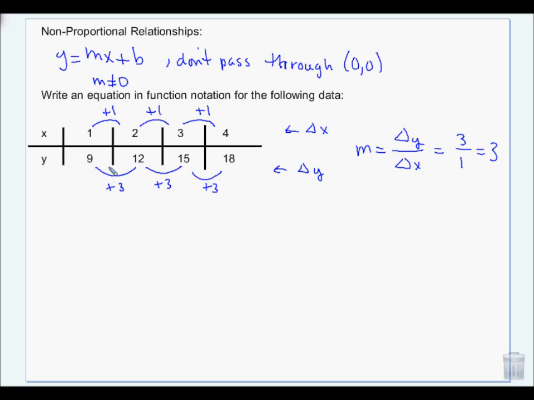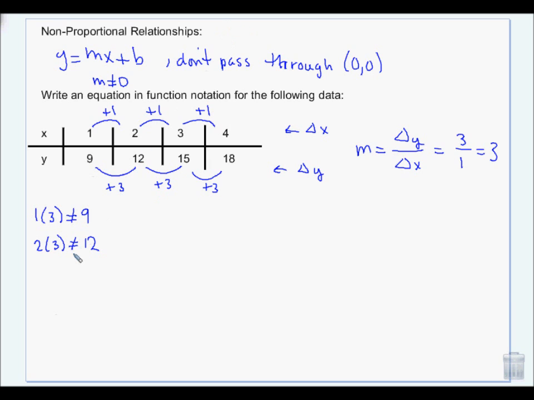Here's the difference though. Before, on that last page, 1 times 45 equals 45, 2 times 45 equals 90. But 1 times 3 does not equal 9. 2 times 3 is not 12.